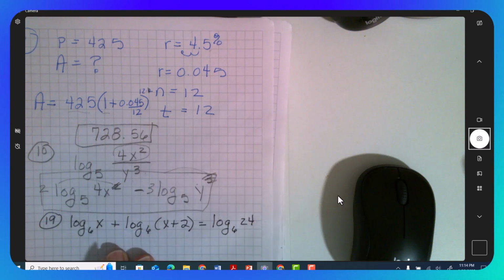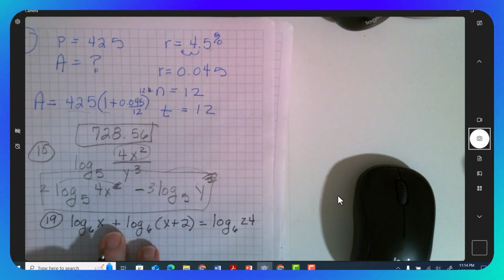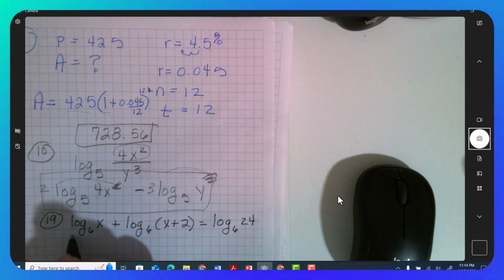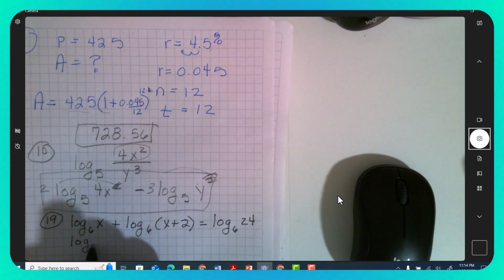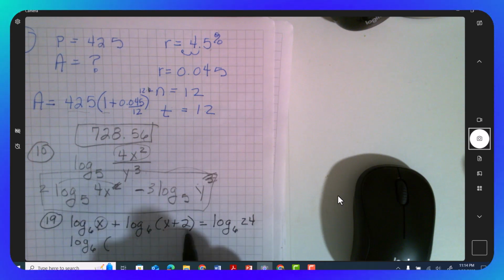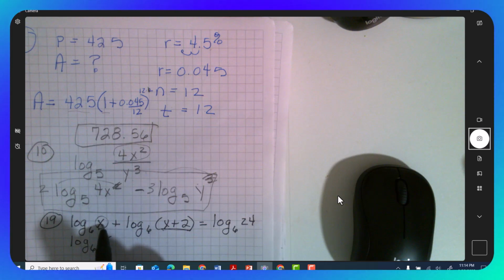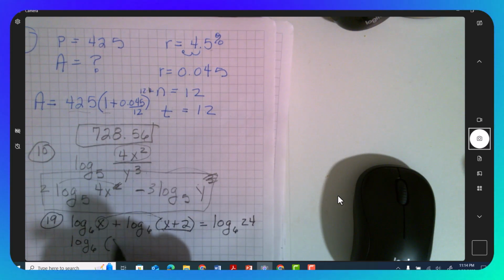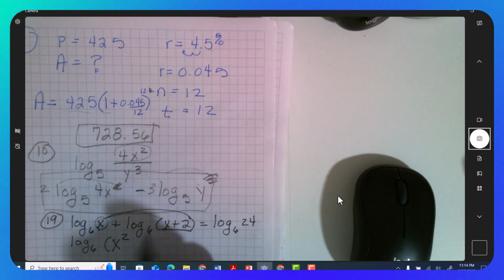Let's use our log properties. Addition means that we can multiply these two things together. So this is going to be log base 6 of x times (x plus 2). So let's distribute this x into both terms. So we have x times x is x squared plus x times 2 is 2x.